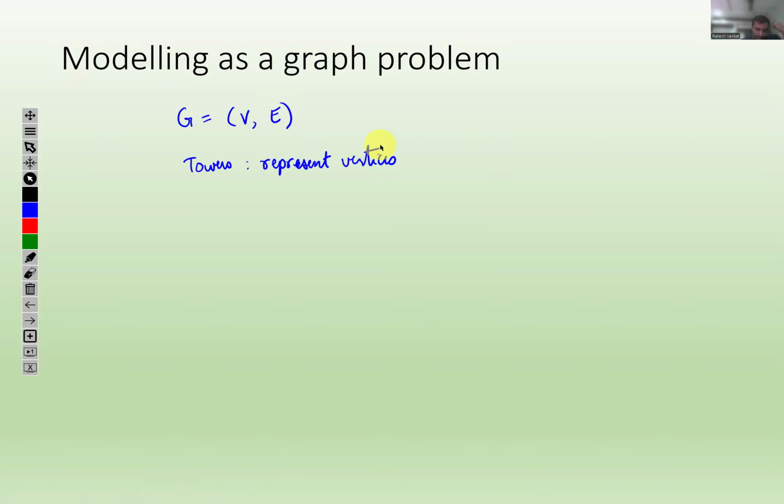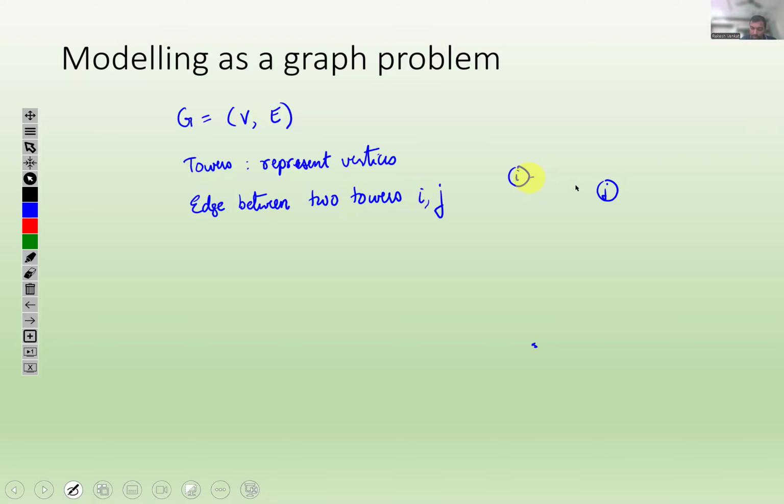And there's an edge between two towers, I'll call the towers I and J, if for some reason they would conflict if they broadcast on the same frequency, like in a previous example, suppose they are close to each other. Then they may conflict if they transmit on the same frequency. So put an edge between them.